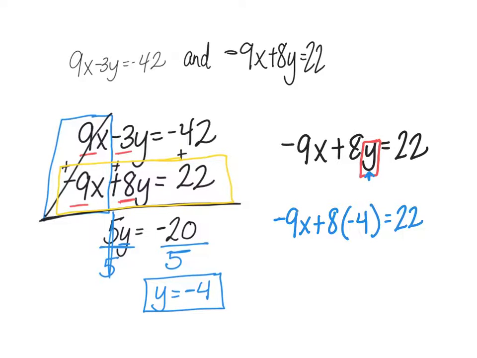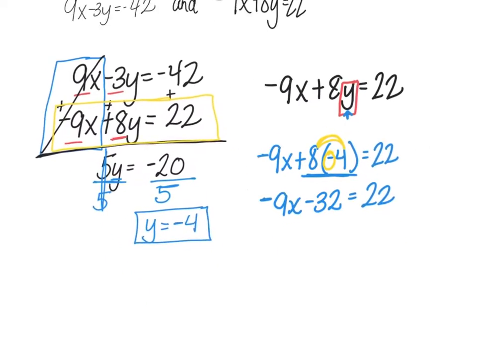It's not addition, it's multiplication. So as I'm multiplying, I am going to end up with negative 32. So I'm rewriting everything, and I'm going to say negative 32 here equals 22. The reason why it's negative 32 is this is a negative number, and when I multiply them together, that's going to give me negative 32.